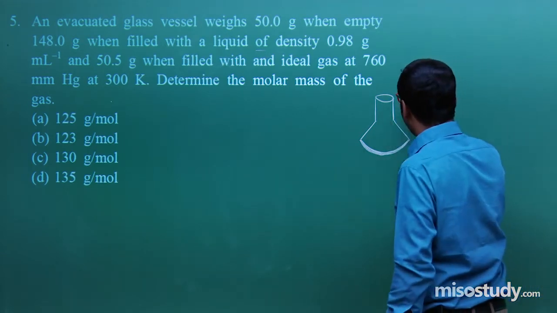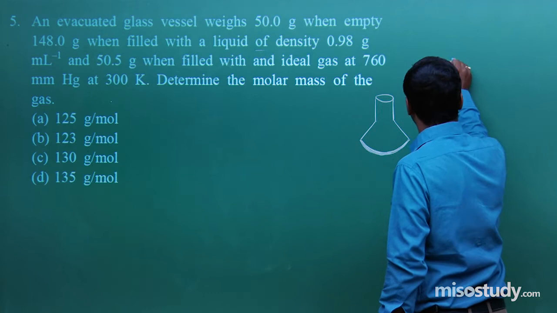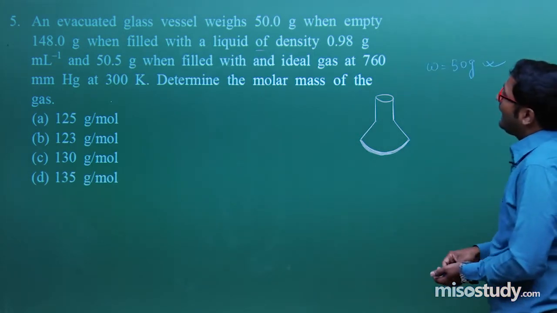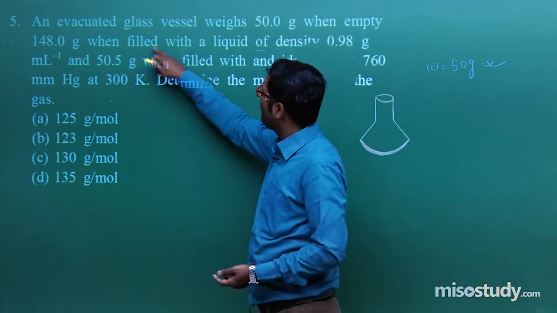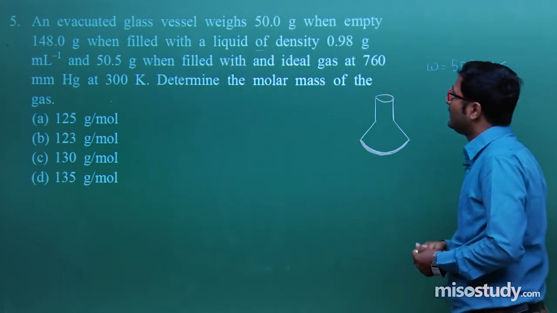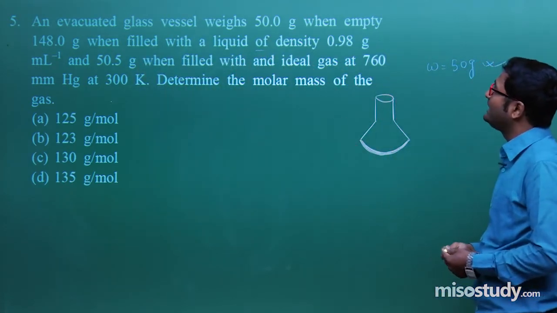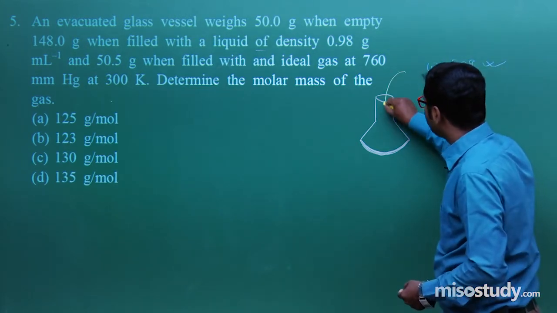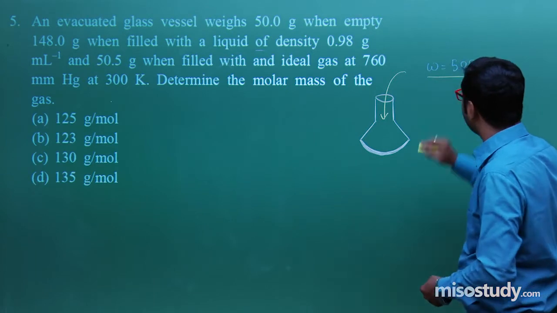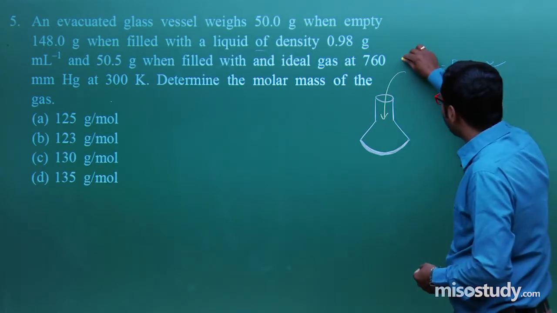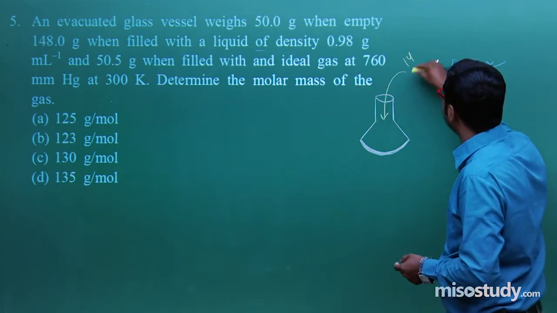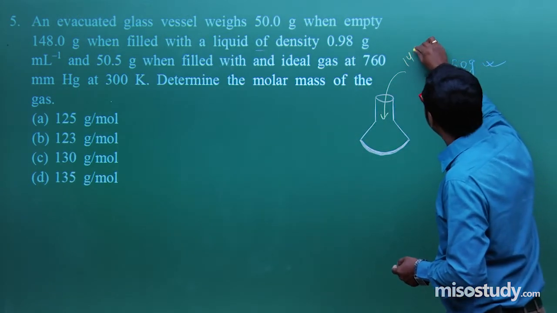That is, when empty, the weight is 50 gram. And 148 gram when filled with a liquid of density 0.98 gram per ml. When filled with a liquid, not gas, that is 148 gram.